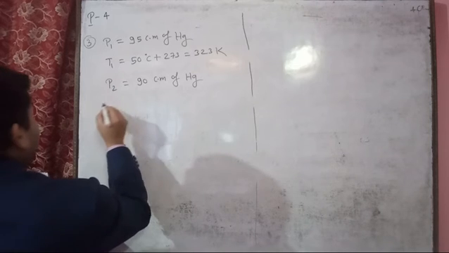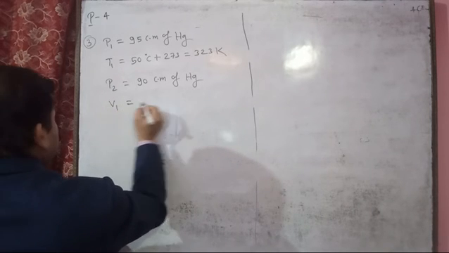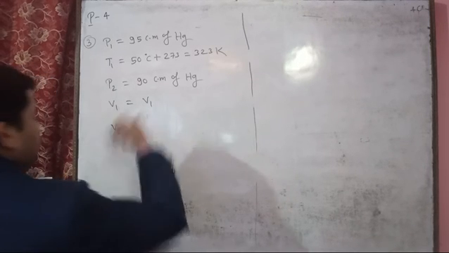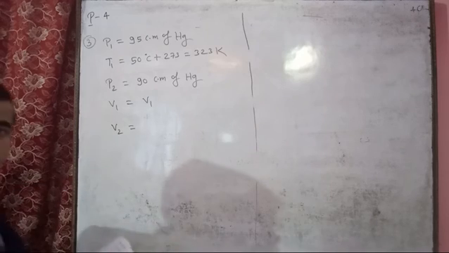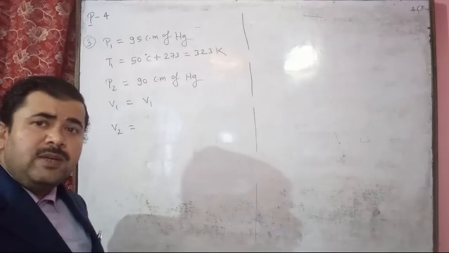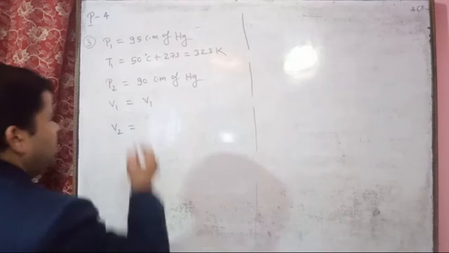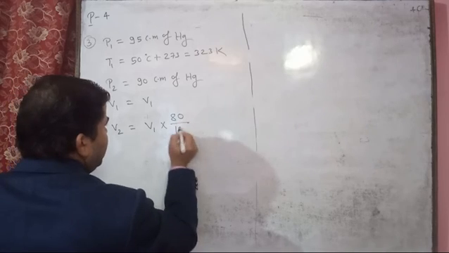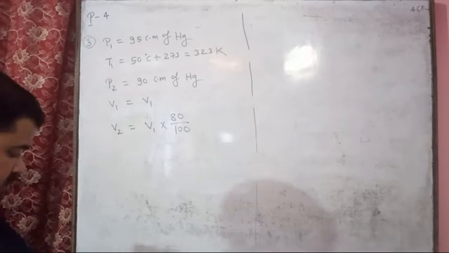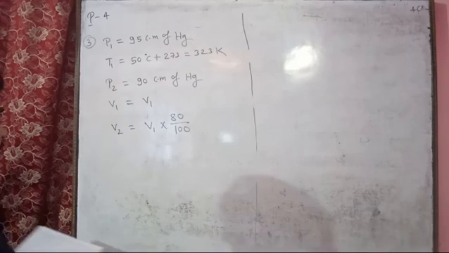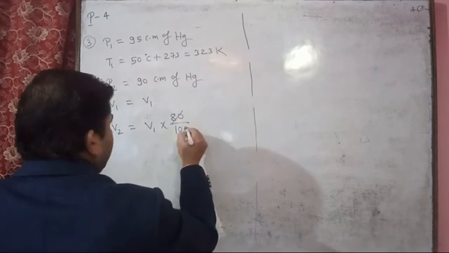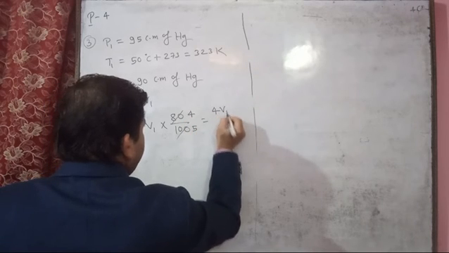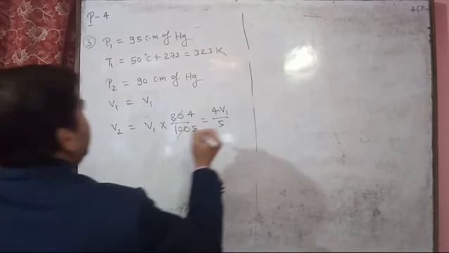First of all we suppose V1 as V1, and V2 will be 80% of the original volume, that is 80% of the initial volume. So V1 into 80 upon 100, and by solving we can write 4 V1 upon 5.